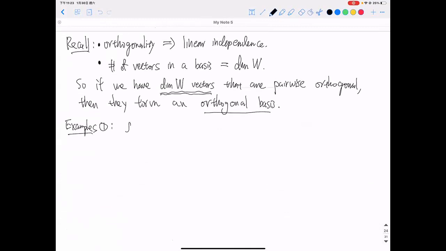The first one is the one that we've just seen, a very general setting.